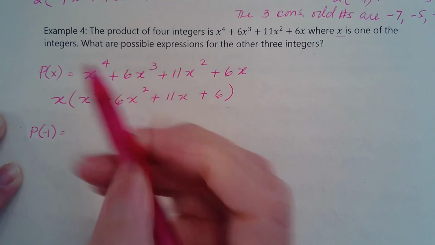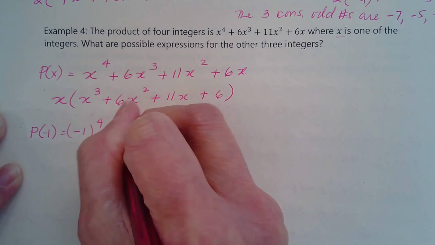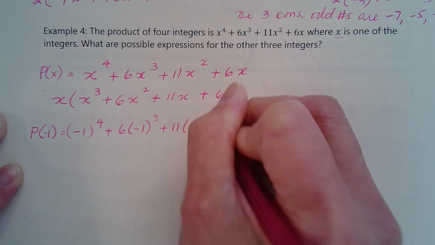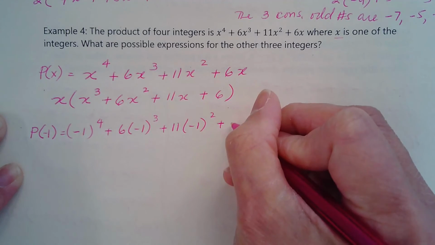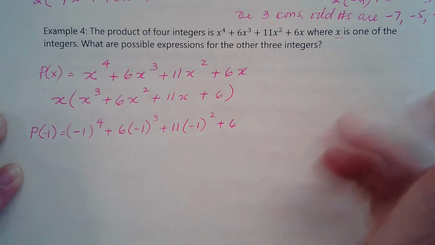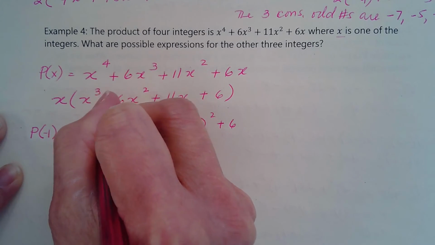P of negative 1 is negative 1 to the fourth plus 6 times negative 1 cubed plus 11 times negative 1 squared plus 6. Oh, I should have just used this one, the reduced polynomial.